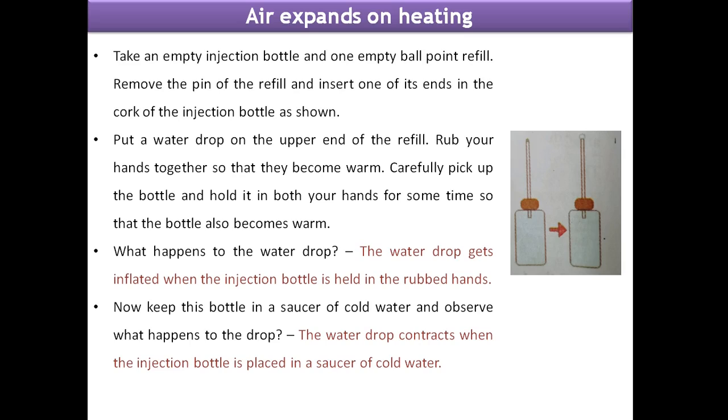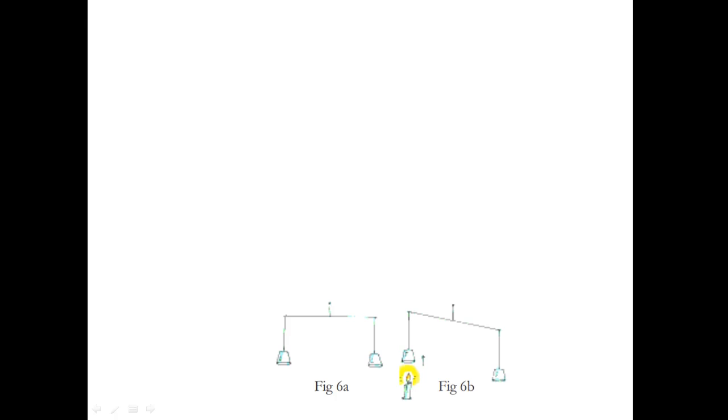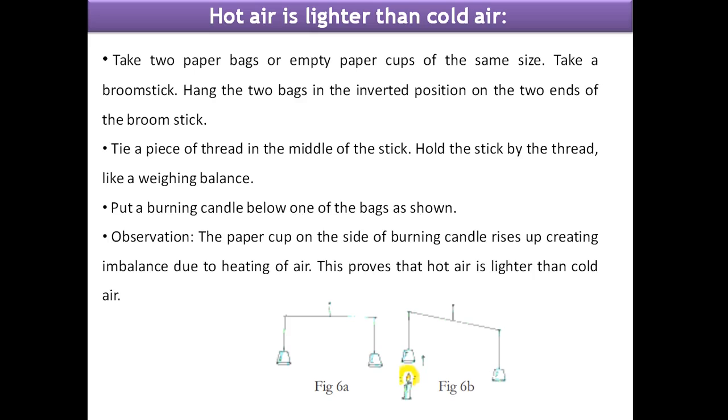The air in the injection bottle heats up and expands when we touch it with rubbed hands. Hence, it inflates the water drop on the tip of the refill. Similarly, the air in the injection bottle is cooled and comes back to the normal state when the injection bottle is placed in the cold water. This makes the water drop on the tip of the refill contract, which proves that air expands on heating.